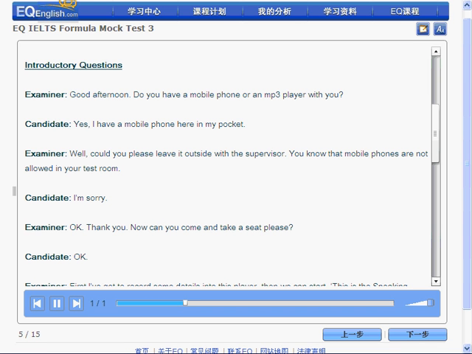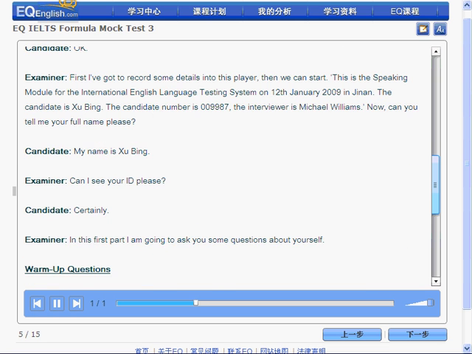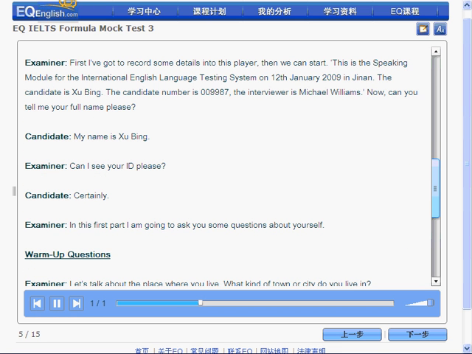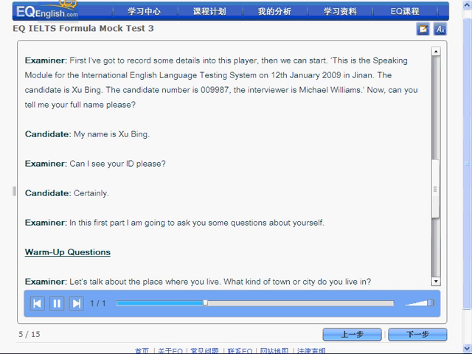Now can you come and take a seat, please? Okay. First, I've got to record some details into this player and then we can start. This is the speaking module for the International English Language Testing System on the 12th of January 2009 in Jinan. The candidate is Xu Bing. The candidate number is 009987 and the interviewer is Michael Williams.